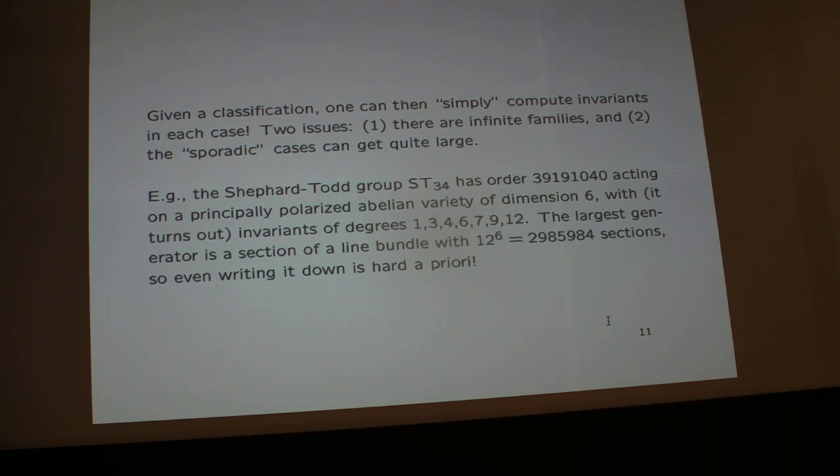So you can't just ask the computer, because basically in order to find the invariants, you'd be doing linear algebra in this 2.9 million dimensional space if you try to do things directly, and that's assuming even that you can write down the invariants directly. But the problem is this is an abelian variety. It's just given to you as an abelian variety that's isogenous to E to the 6. So you actually need to start with a bigger space, cut it down by modding out by some translations, but then it's hard to see how the group acts.